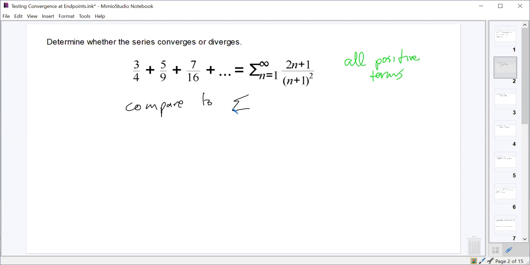So that would be the sum from n equals 1 to infinity of just 1 over n, because the 2 becomes insignificant, it's 2n over n squared, which is effectively just like 1 over n. So that's what we're going to compare it to. And what do we know about that series?